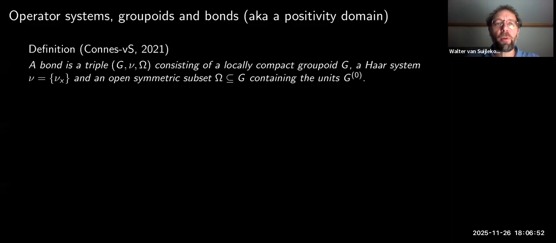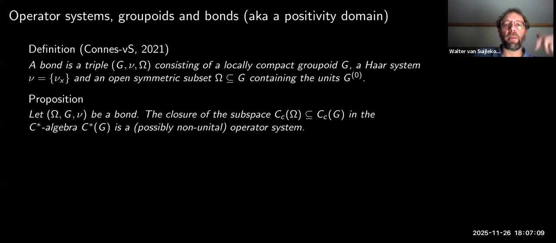This is rather general, but the point is that inside that groupoid, you take a subset surrounding the diagonal, or surrounding the units, which is also symmetric. And instead of looking at the full C-star algebra associated to this groupoid, you look at the closure of the subspace with support on that Omega. So you just restrict the support and do the same kind of thing that you do for the universal C-star algebra construction.